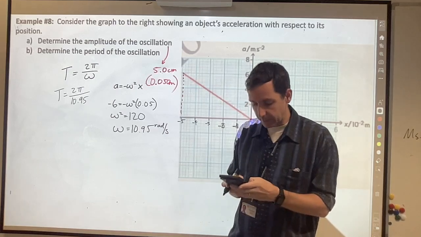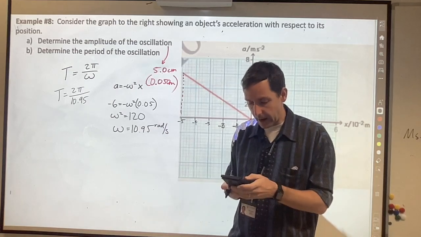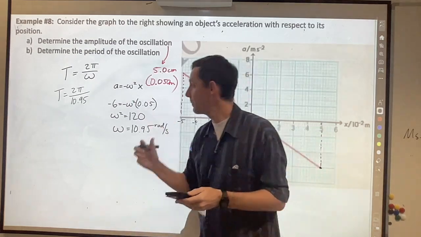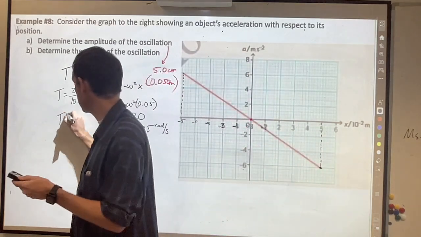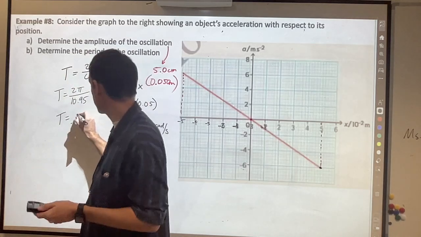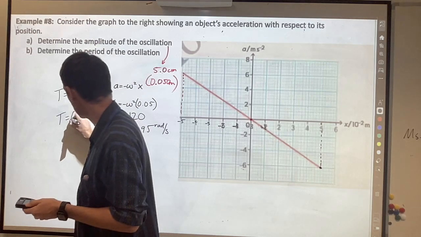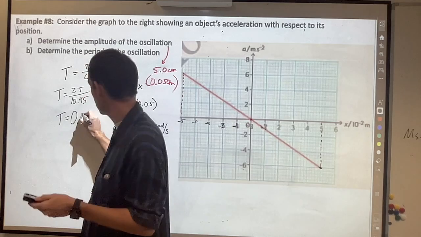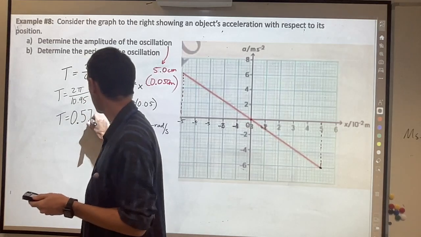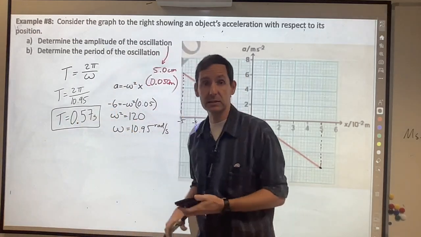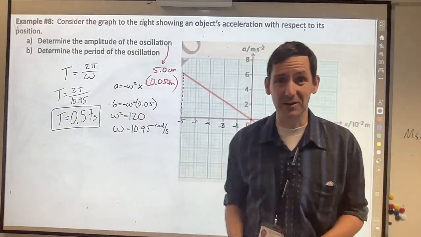And so in the end, I'm going to go 2 times pi, and then I'm going to divide by the 10.95. And my final answer is that the period is equal to 0.5735, but actually I'm going to go ahead and put a 0 in front. I know that's helpful sometimes for you at home because it might be hard to see the decimal. So 0.57 seconds, the units should be in SI units, and so therefore 0.57 seconds.